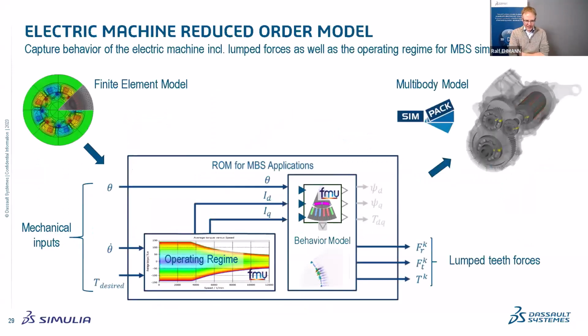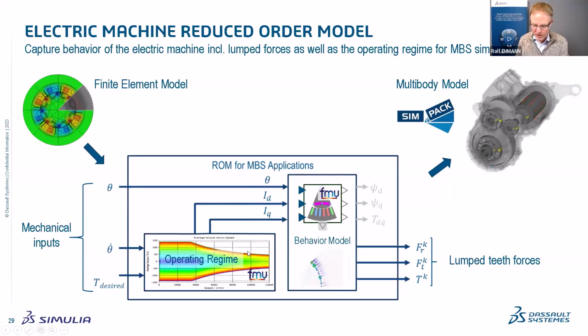Okay, what is inside of this EMAC ROM is actually a combination of the two FMUs I showed you before in detail. So we have the operating regime, we have the behavior model, but the crucial thing here is that the mechanical engineer sitting at the using SIMPAC doesn't have to know anything about the electromagnetic things happening in between.